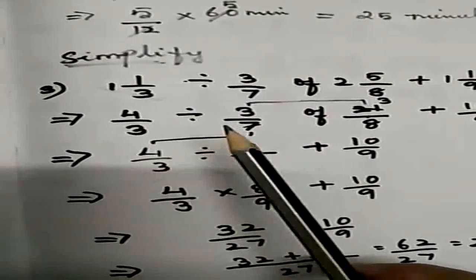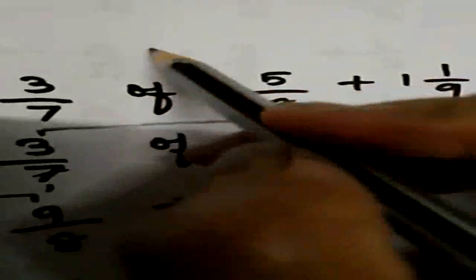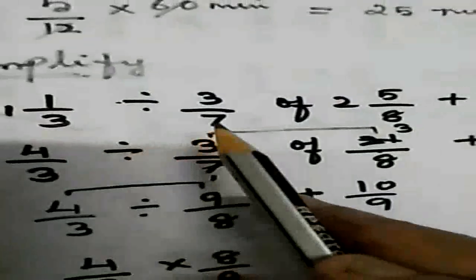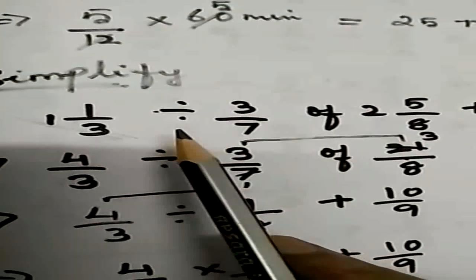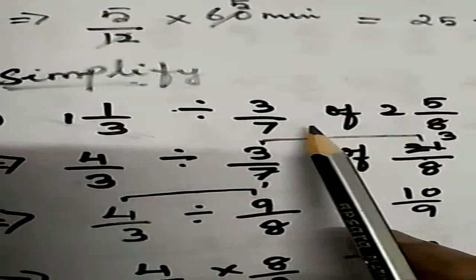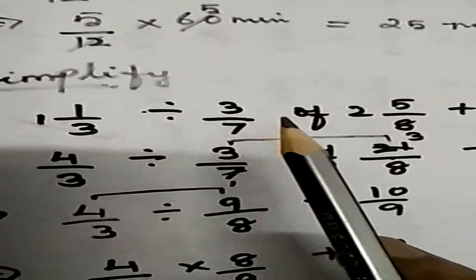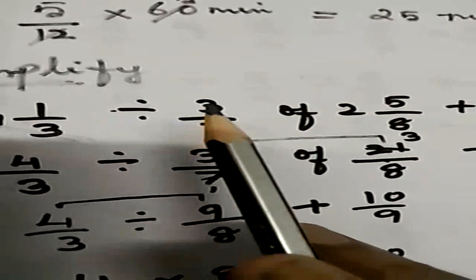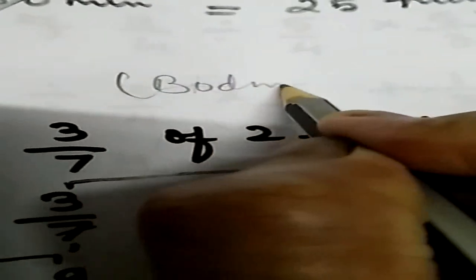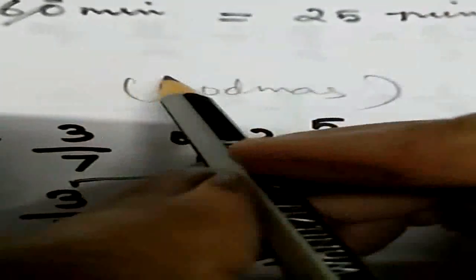Next, the BODMAS method. In the simplification, when plus, minus, into, division, of are all given together, then you have to apply the BODMAS method. Okay, B, what is this?